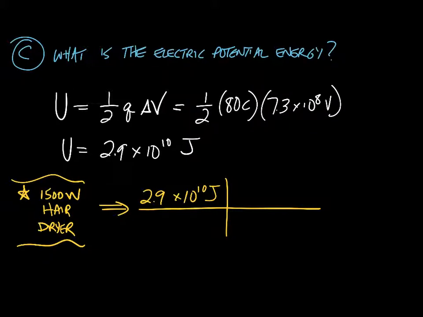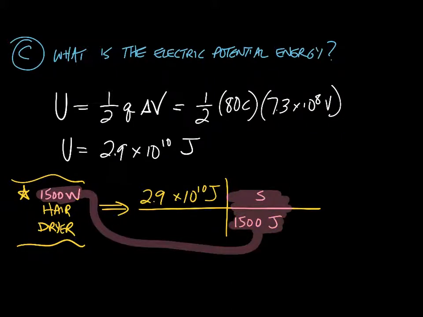A watt is the number of joules per second. So if I want to compare the energy in the cloud to the power capacity of a 1,500 watt hairdryer, then I'm going to have 1,500 joules per second. So just to be clear, 1,500 watts, that's what this is.